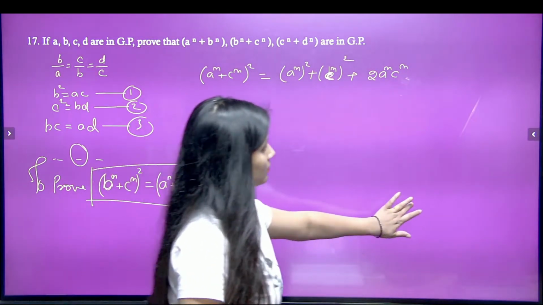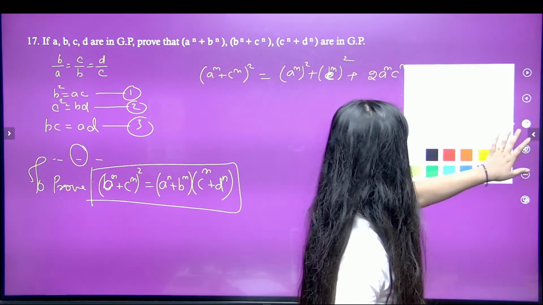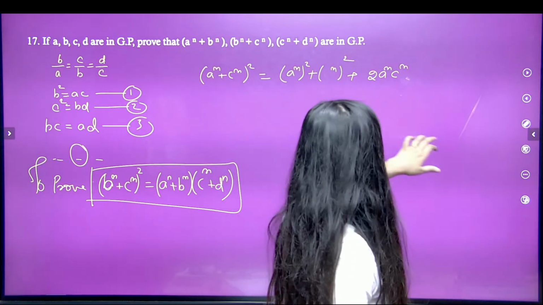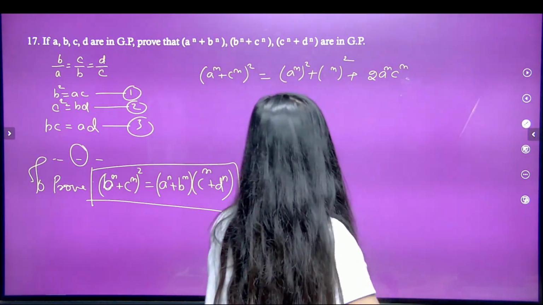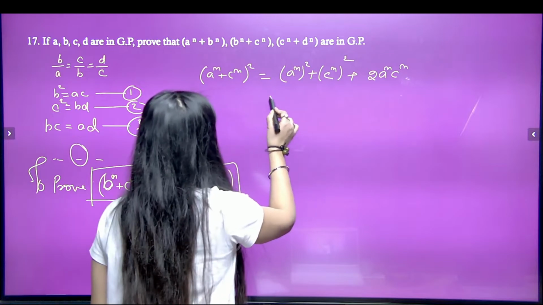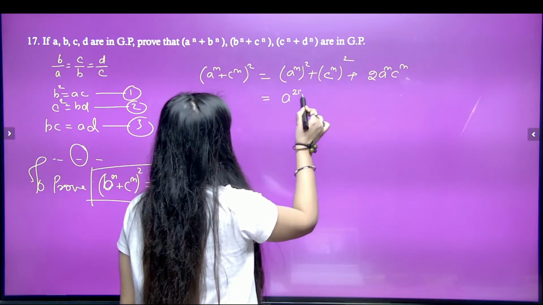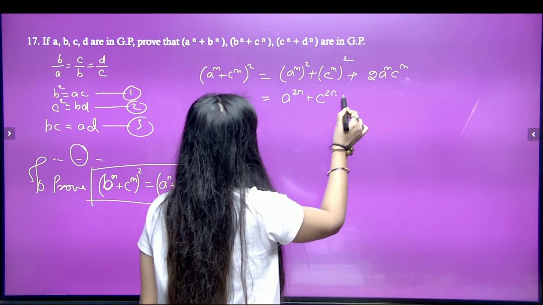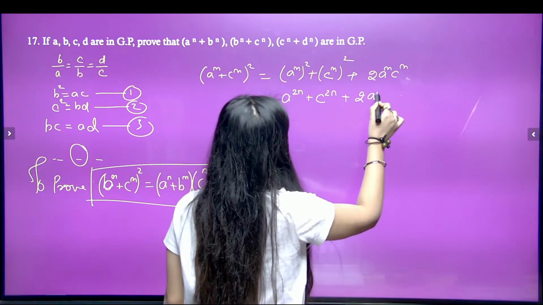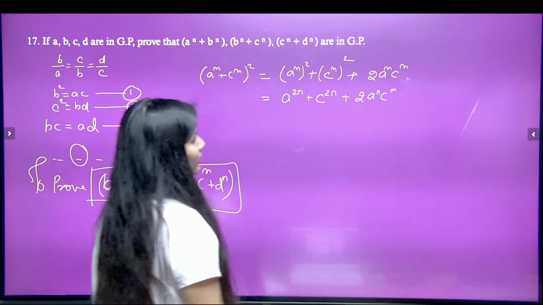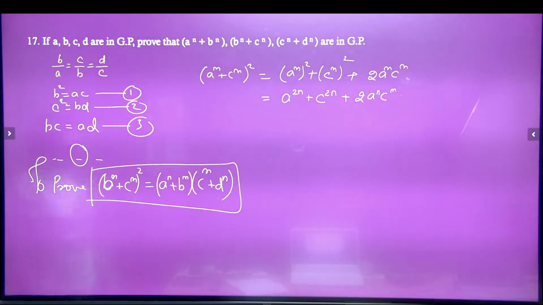So this is the expansion. Okay, so we can write it is b to the power 2n plus c to the power 2n plus 2 into b to the power n, c to the power n. Got it? Okay, so here we have the value of b square, c square and bc.